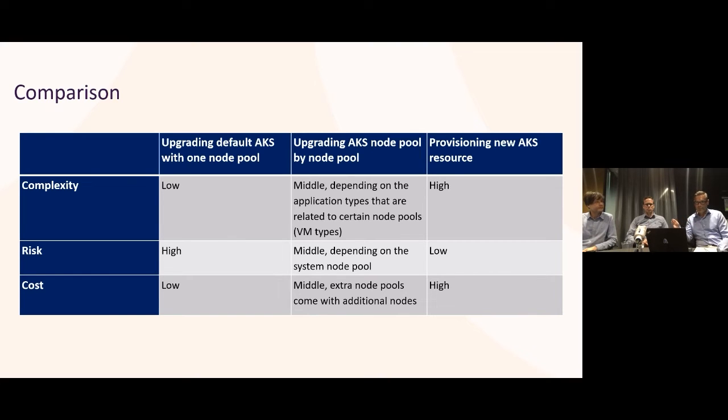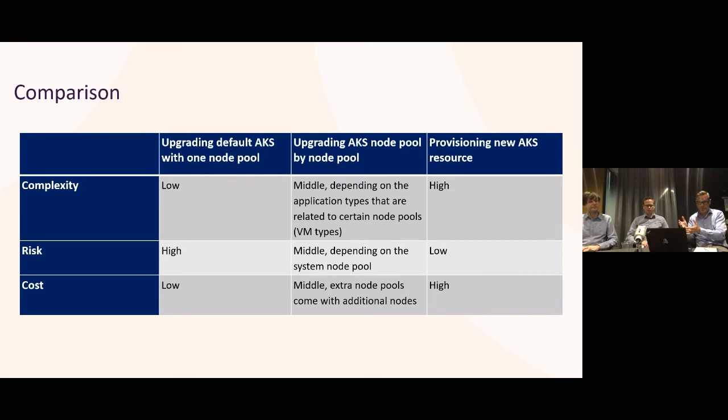On the other extreme is provisioning a new AKS cluster. The complexity is high, very high, because you have to make this happen. You have to have the same AKS configuration as the one before. That means you need infrastructure as code. Now, when you start with Azure, you might not have this. But when you are running a mission critical environment, you must have it.